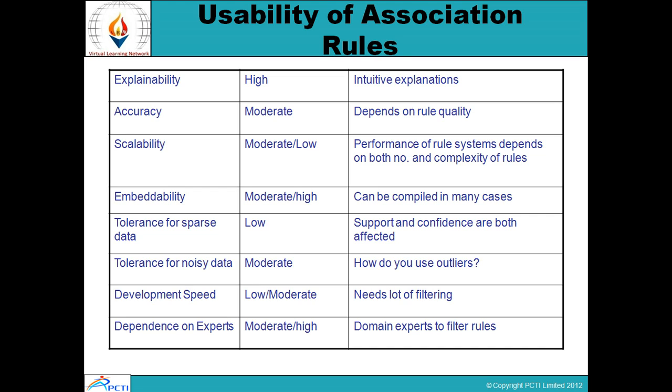Usability of association rules. When we talk about association rules, they have explainability, high accuracy, scalability, embeddability, tolerance for sparse data, tolerance for noisy data, development speed, and dependence on experts.